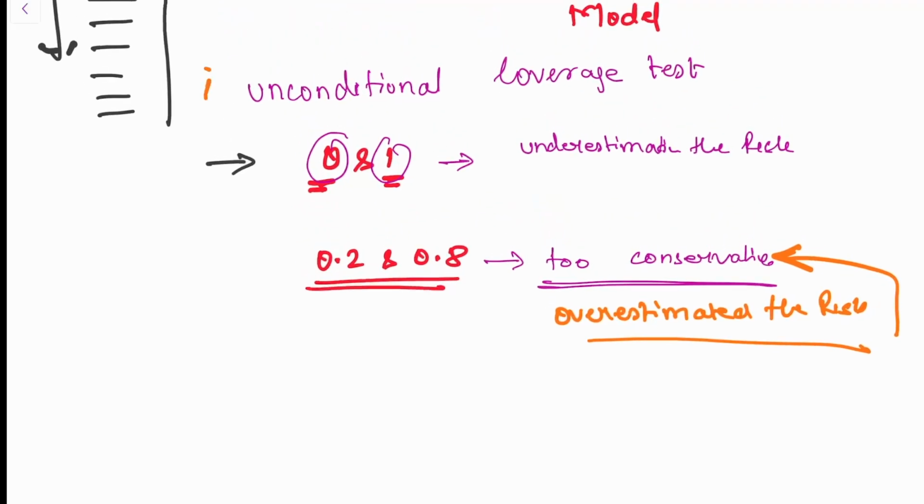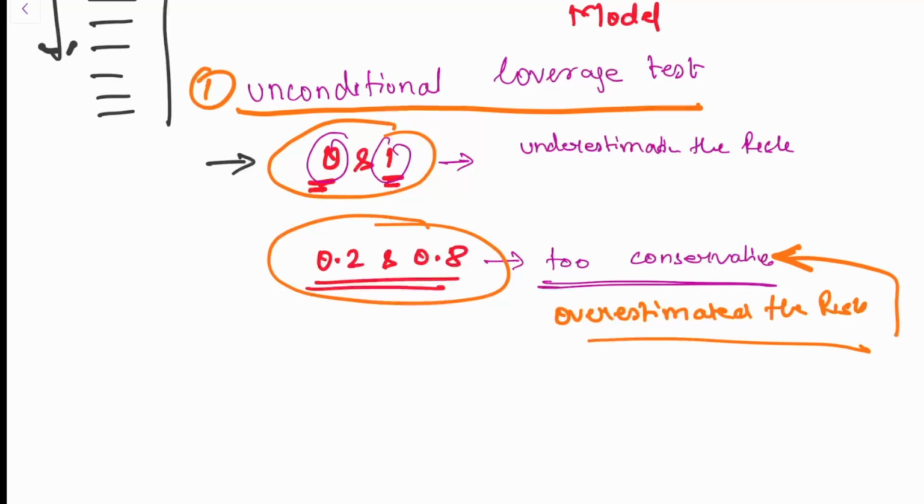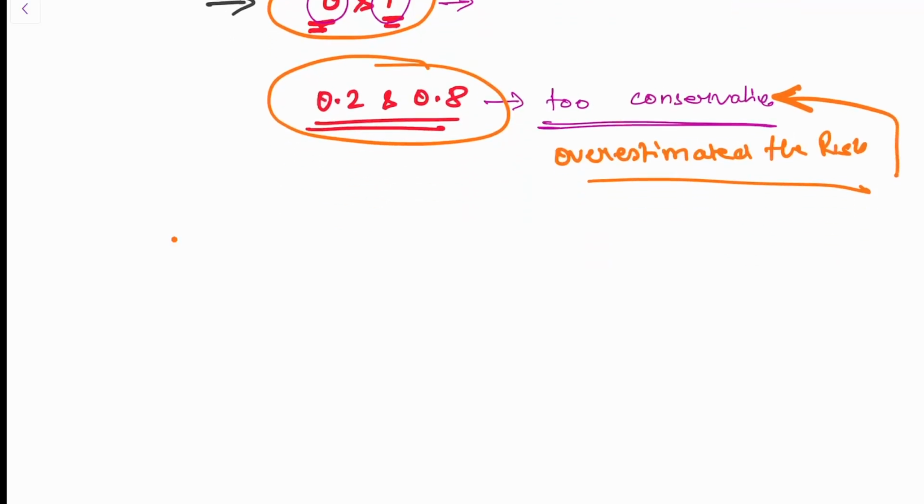So first thing what you will check is the unconditional coverage test, basically the uniformity. That means how the values are distributed. Clear? So first thing which we have checked is uniformity. Now we have to check the independence. Clear?